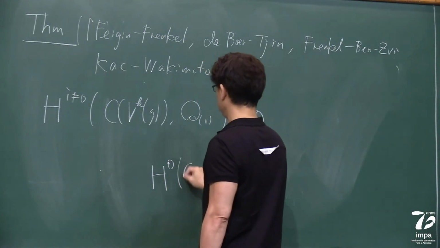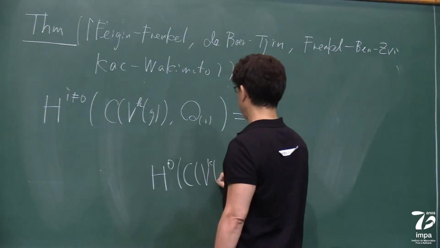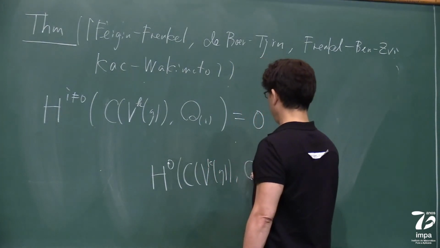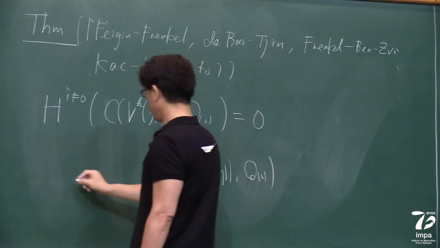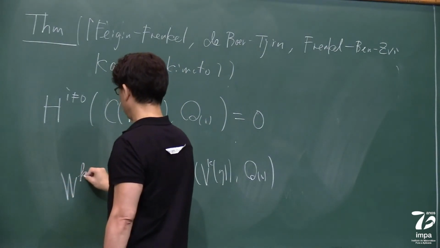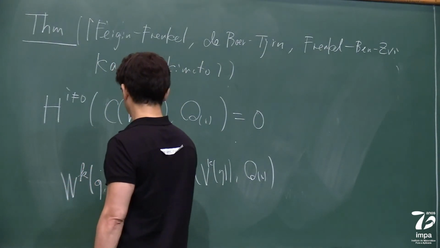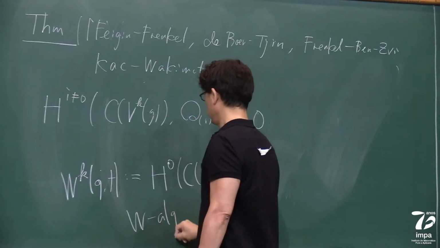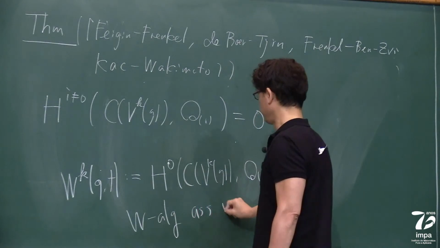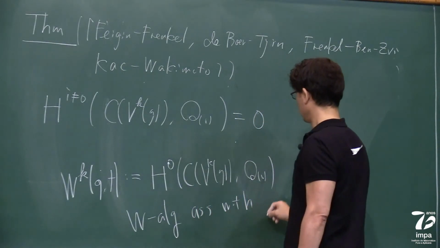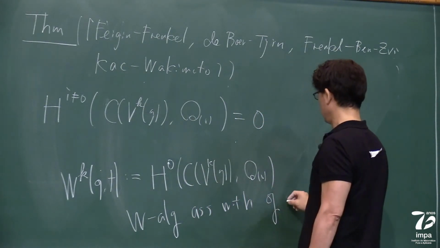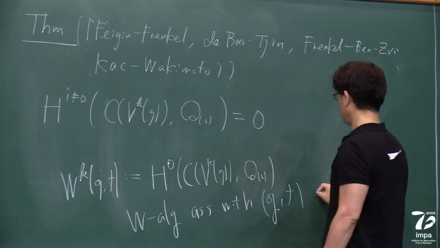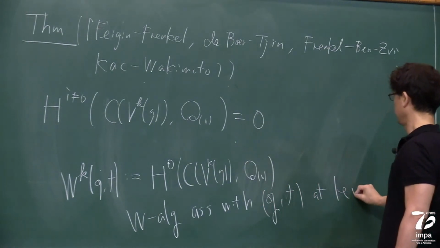And this is defined to be the W-algebra. So this is the W-algebra associated with G, f at level k.